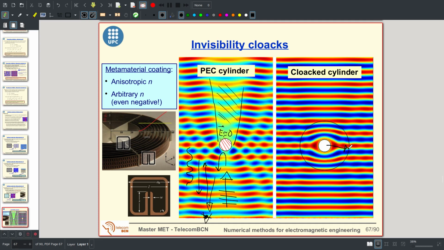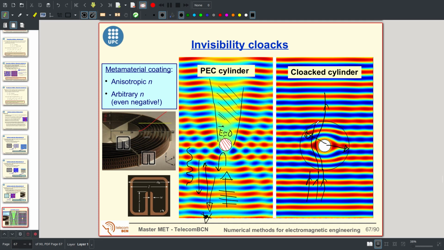We surround the cylinder with a sheet of a metamaterial having epsilon and mu, such that following the refraction laws, the wave is not reflected. There is no reflection here. This is the incident wave. These are the incident rays. So the incident rays are bent like this, and they exit like this.